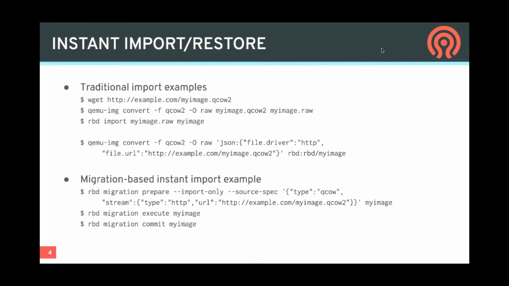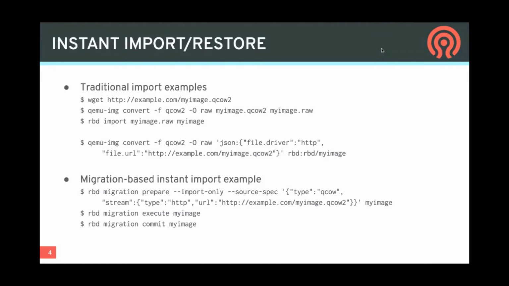It does not use extra space, and it is faster because the conversion from QCOW to RAW happens in parallel with importing. But you still need to wait for the import to finish before you can open and use the image. In the third example, we do a migration-based instant import.